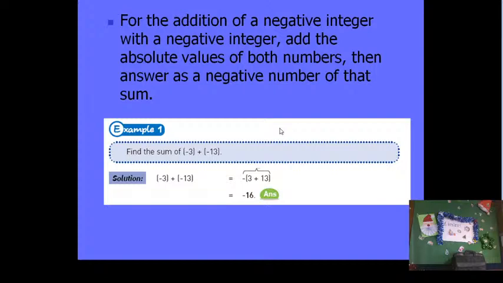So write down this one and this example, then we will do some problems, right? We will do some exercises.